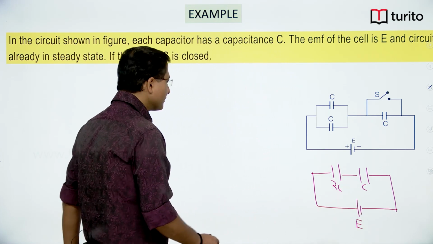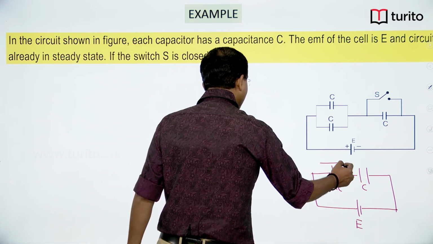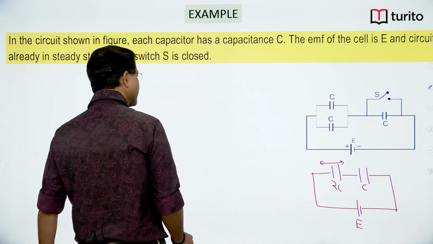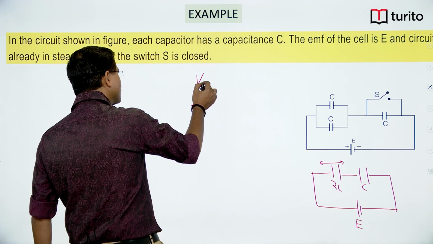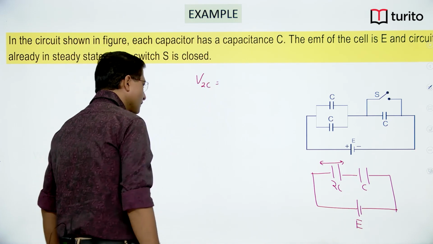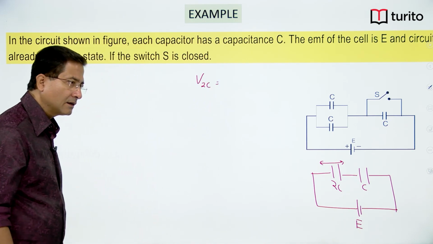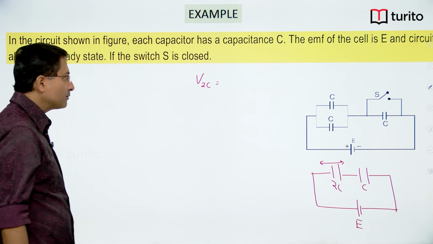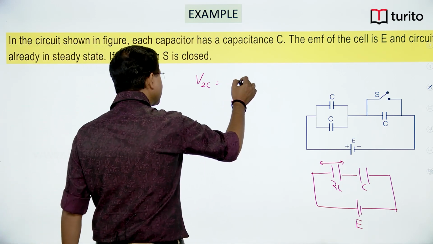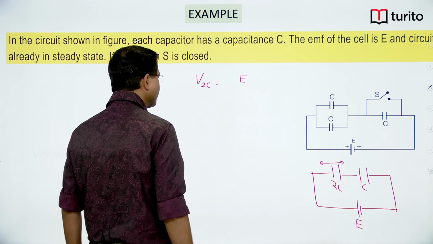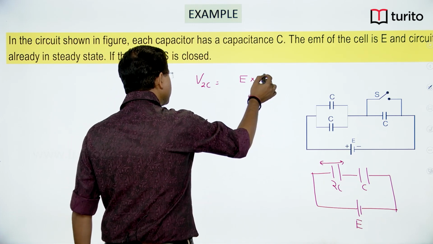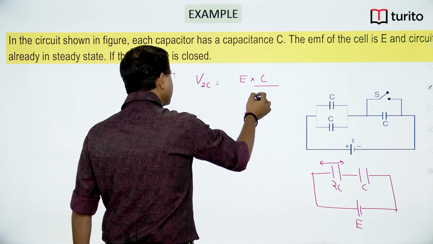So the voltage coming across 2C is inversely proportional to the capacitance. What does that mean? This E is getting divided inversely proportional to the capacitance, that means C divided by C plus 2C.